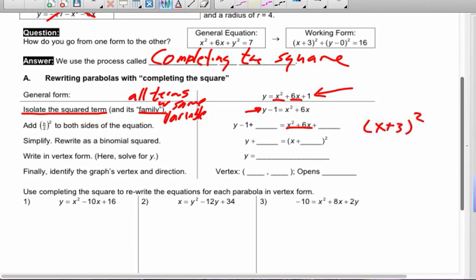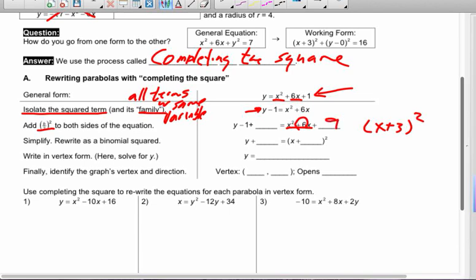Now, to do that, you know we're going to have to take half of this number right here, and that's this b over 2. So 6 over 2 gives us 3, and then you square it. So 6 over 2 is 3 squared, will give us a 9.